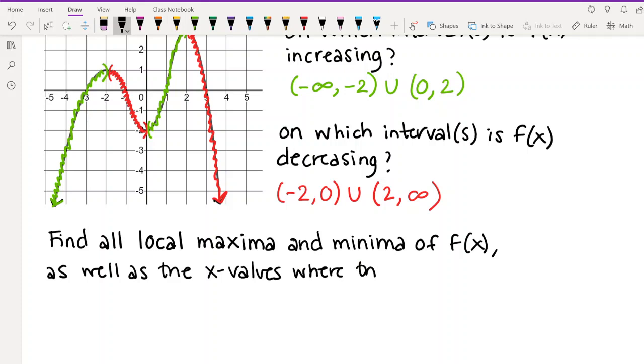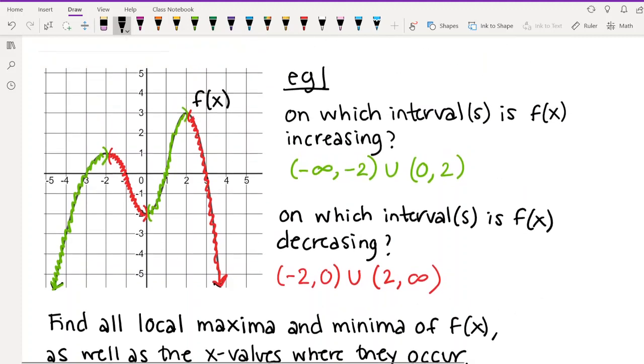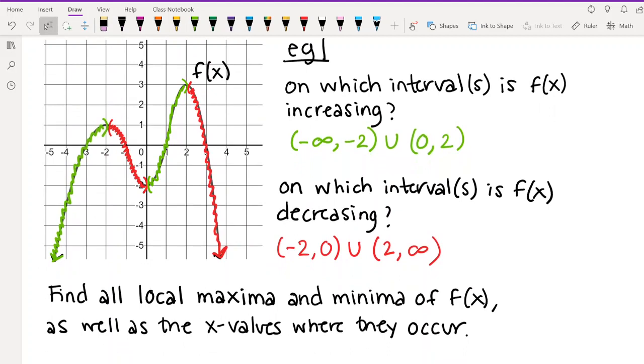And so we're going to write our answers in kind of the same format as we did in the last problem. So we're going to first say what the y value is and then say it happens at x is equal to whatever.